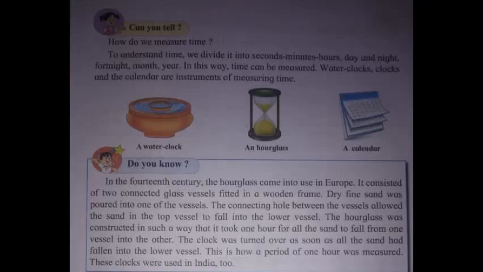The clock was turned over as soon as all the sand had fallen into the lower vessel. This is how a period of 1 hour was measured. These clocks were used in India too.